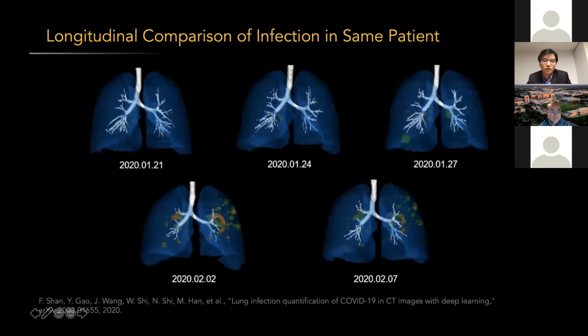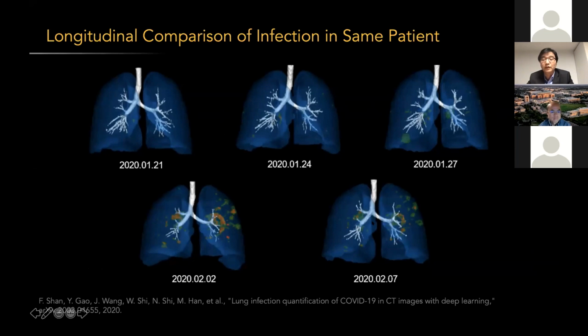It can do this automatically. Of course, this kind of technique can be applied to all the longitudinal images from the same subject. For example, this subject was scanned on January 21st, 24 and 27, then February 6 and February 7. You see this color is the infections, more infections on February 2.